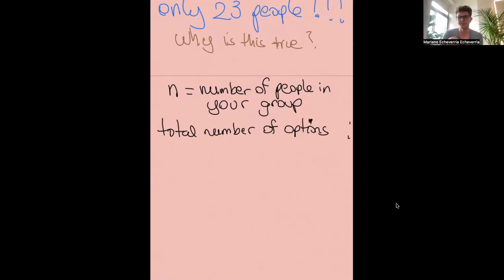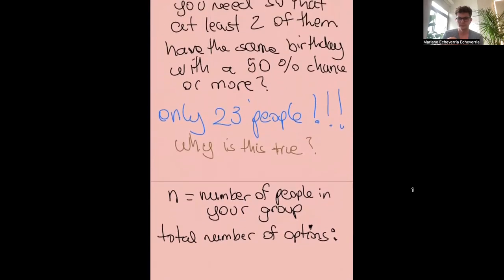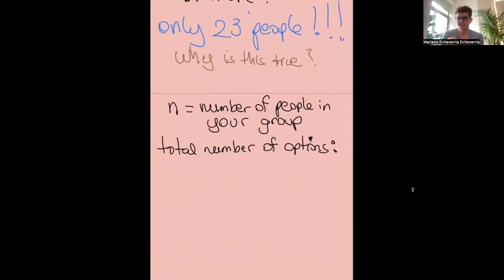What should be the total number of options? All the possibilities that you could make with n people for all the possible birthdays that they could get. Perfect, 365 to the n.